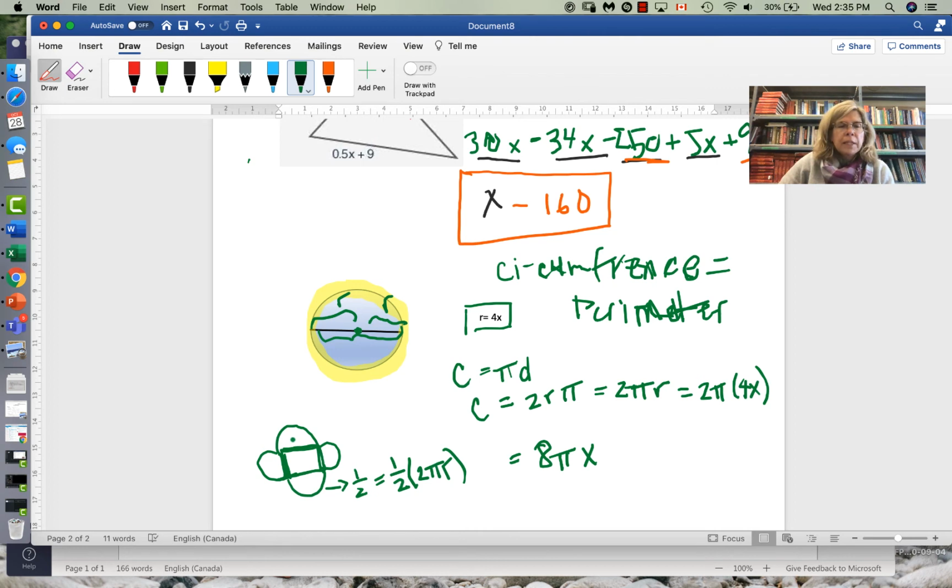But in this case, for instance, number g gives you both halves. So you can use both halves. You don't have to do 1/2 of 2 pi r, you can just do C equals 2 pi r, and then come up with the circumference around here and around here. And then that together is your whole circle.